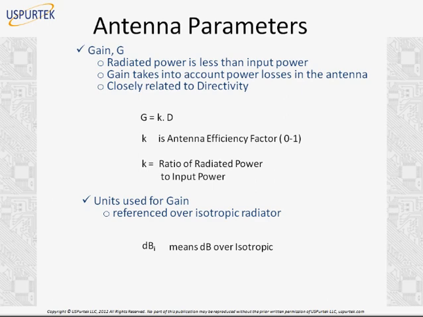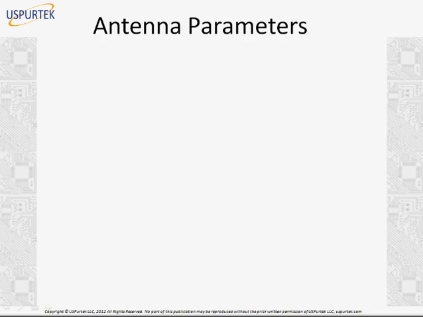So gain is the real parameter which tells us what percentage of losses there are in the antenna. The units used for gain are referenced over an isotropic radiator, in decibels, dBi, meaning dB over isotropic. As we just discussed, isotropic is just a conceptual antenna, but it's used as a reference to indicate the antenna gain or directivity of real antennas.